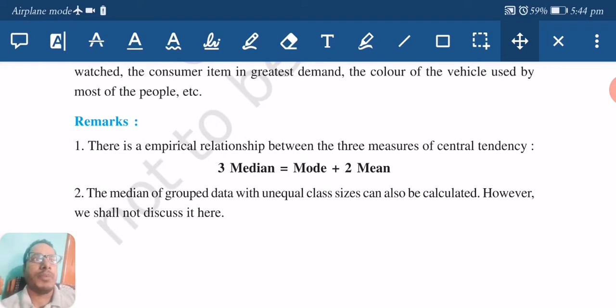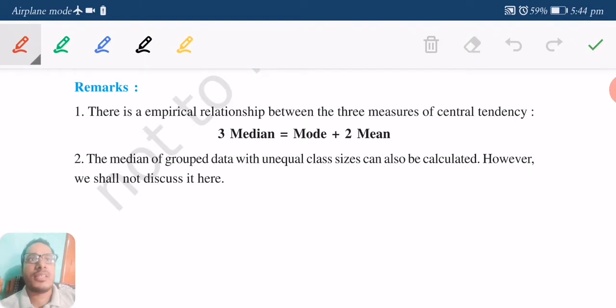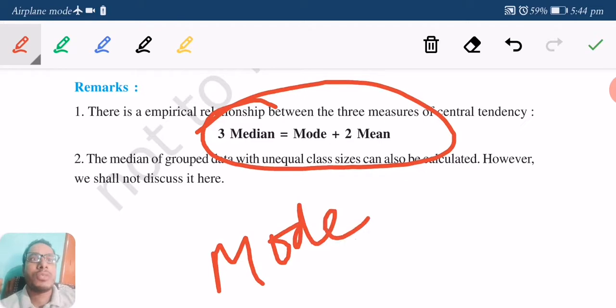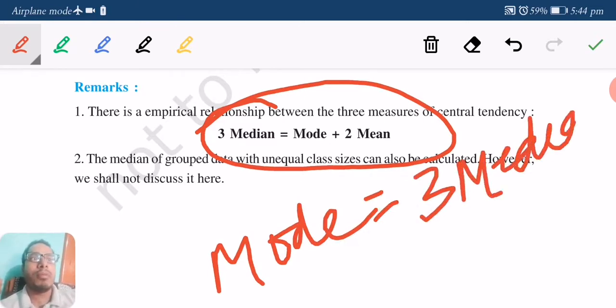So we have the empirical formula, which I think you can also recollect from what you did in class ninth: 3 median equals mode plus 2 mean. Or we can write, as we have seen, mode is equal to 3 median minus 2 mean, right?